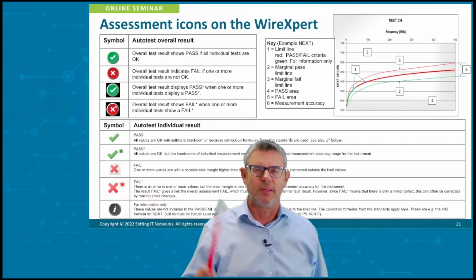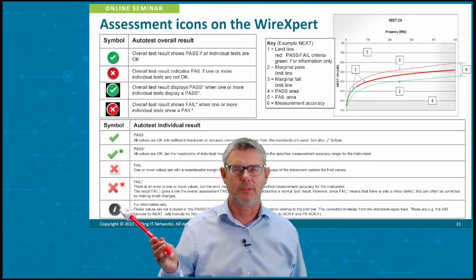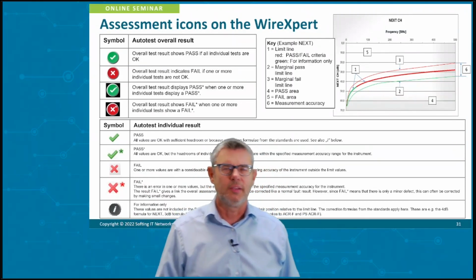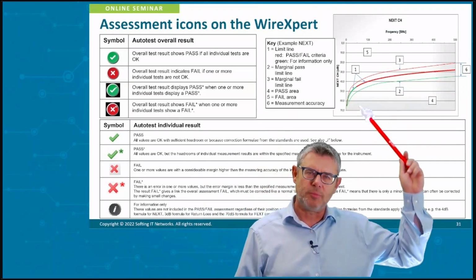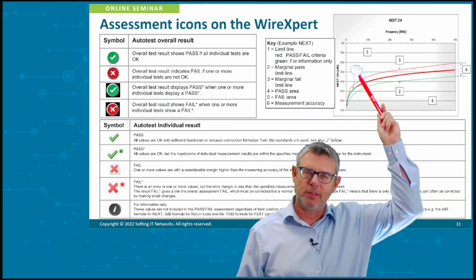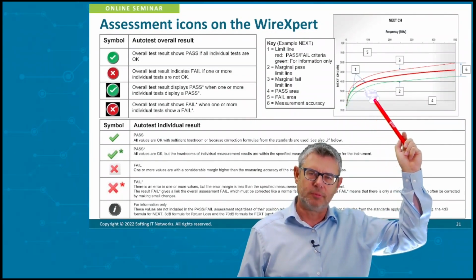There's also a fifth sign we can have on the measurement. This is I for information only. Information only is when you see, for example, measurements jumping over the limit line, but part of the limit line is colored in green.